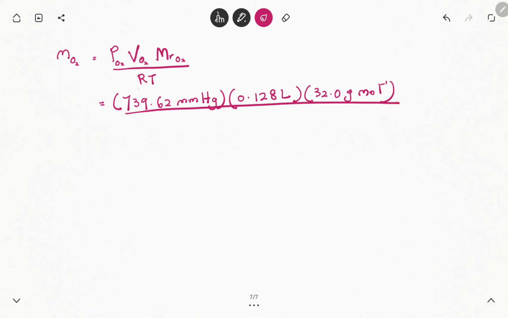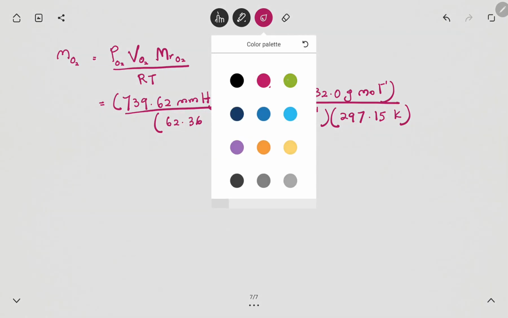Since we use the pressure in mmHg, the gas constant is 62.36 mmHg liter per mole per Kelvin. And the temperature in Kelvin is 297.15 Kelvin.